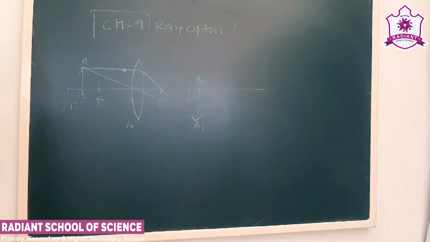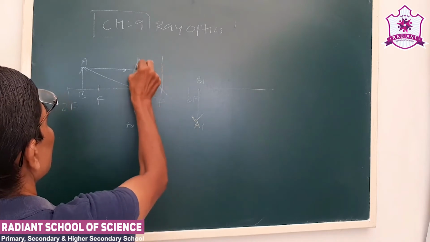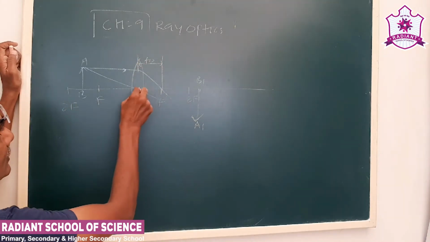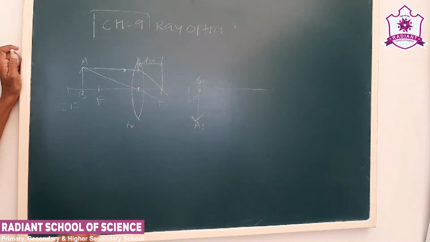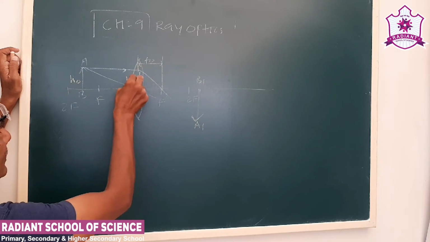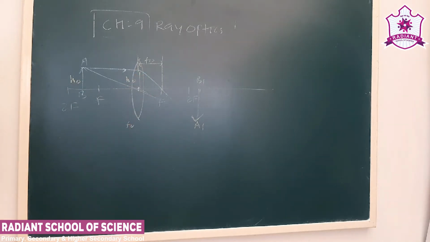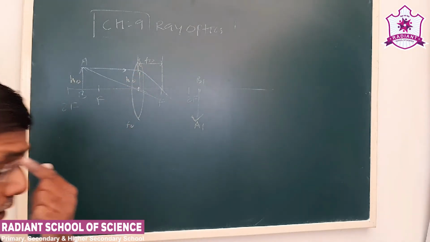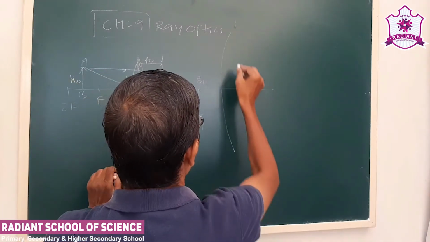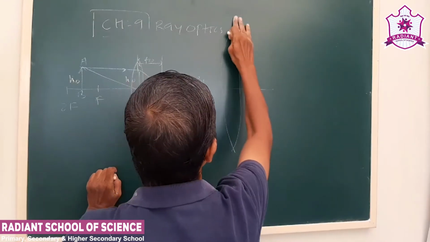Now see here, this length will be equal to the focal length FO. Why? Because this is the distance between the center and the focus. AB is the object, that is HO. So this height also we can calculate. Now in the compound microscope, the eyepiece is larger than the objective.